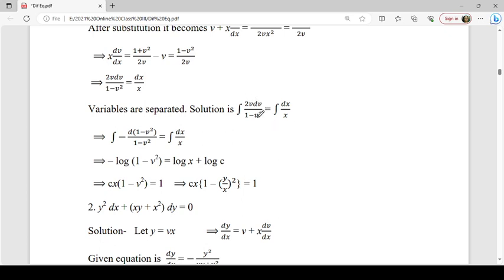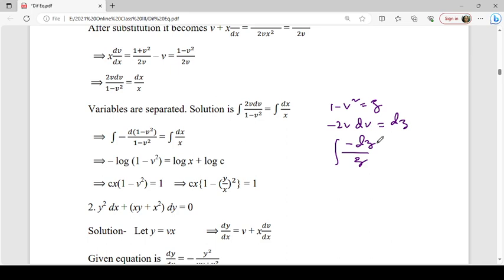Integrating, the right hand side is log x, and if we write 1 minus v square is equal to z, then derivative of 1 minus v square, minus 2v dv, is equal to dz. Then our integration is, after substitution, denominator z and numerator minus dz.